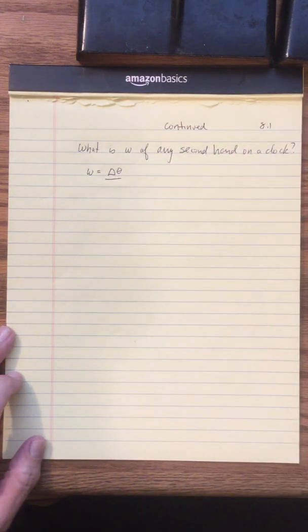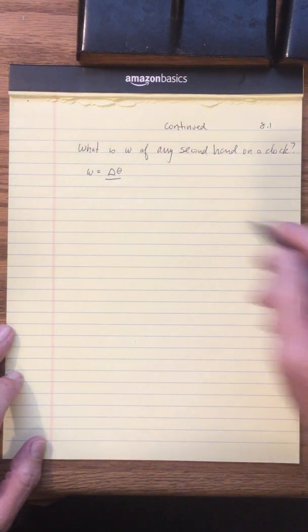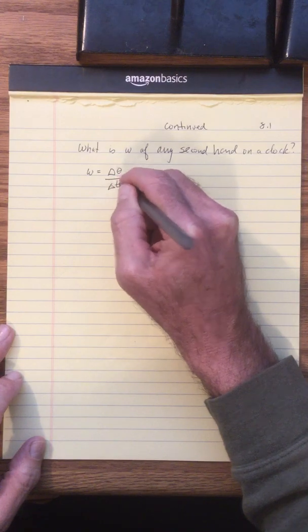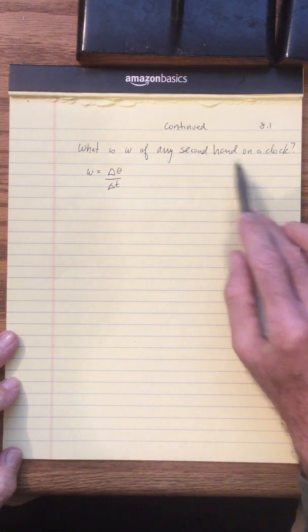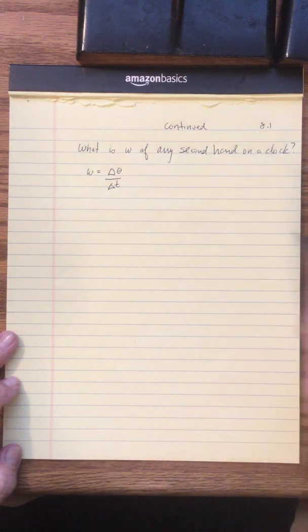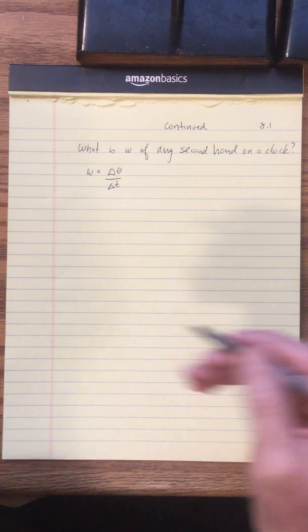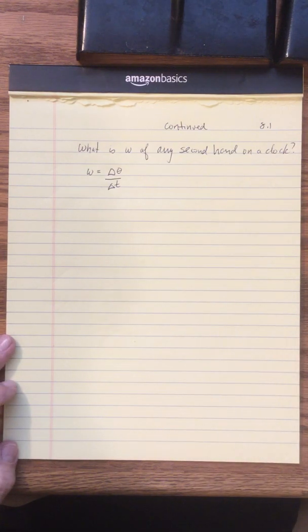So it is going to be the change of the angle over the change in time. The second hand is going around a clock, which means that it's going around one circumference. And what's going to be the time period of that?